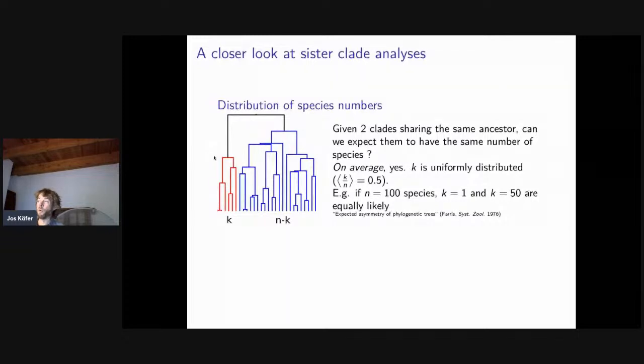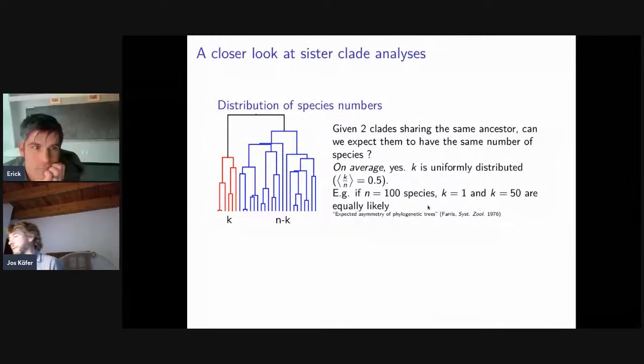So although the average would be that the clades are of the same size, this distribution makes most clade pairs we look at asymmetrical, which was already noticed by Ferris a long time ago. Still, if I speak about this with colleagues, they find it somehow counterintuitive, but it's quite easy to do the maths and see that it's actually the case.